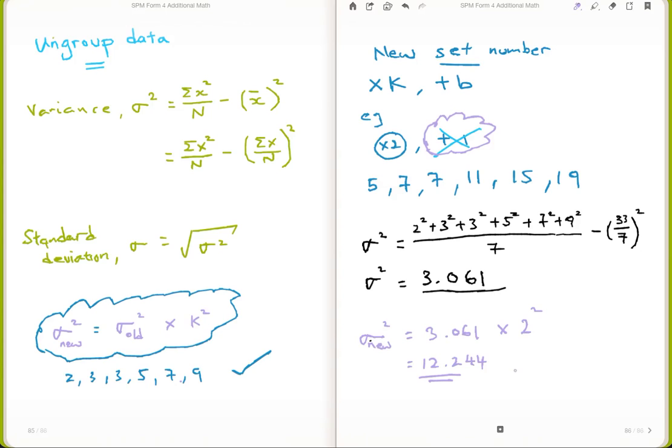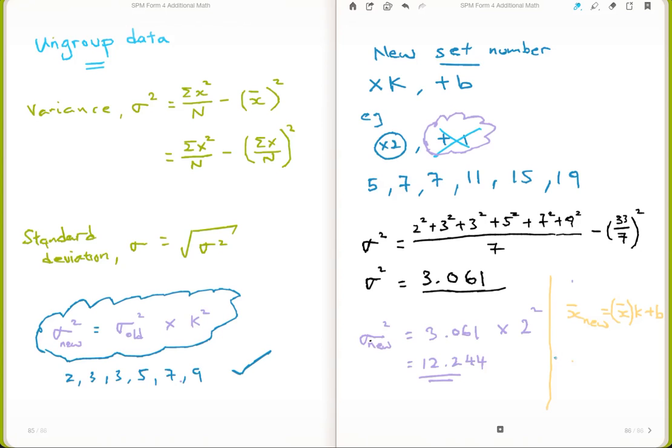Likewise, there are some questions in the past where you were asked to look for the new value of mean. Now, for the new value of mean, that would be everything times the number you have multiplied, plus the number you added.